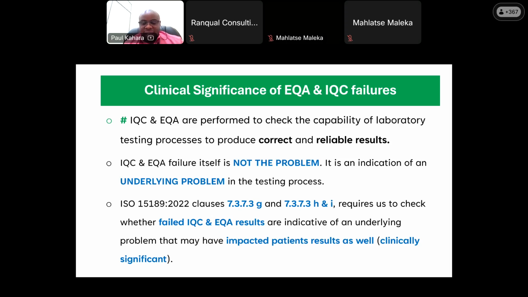That's what we are saying, errors that are clinically significant. So it's not just about doing the IQC, doing the EQA, initiating the corrections and the corrective actions, but also asking ourselves, could this problem have been translated to the patient results as well? That is the essence of this webinar today.